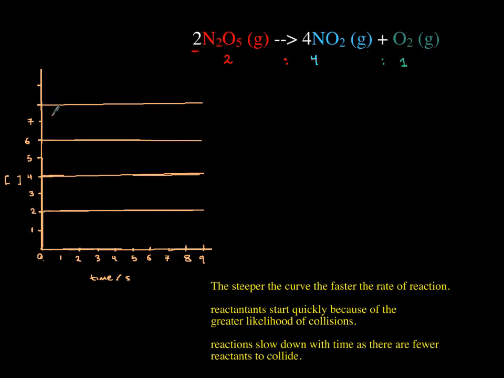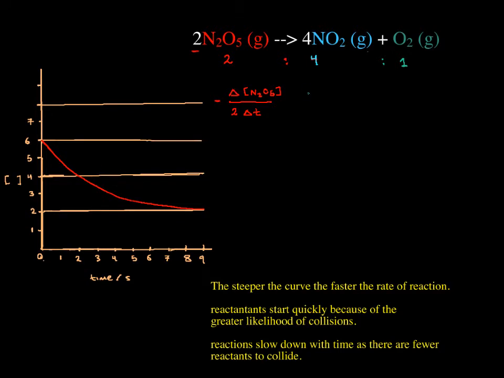N2O5 is going to be consumed, so at the beginning it's fast, and then gradually it's going to slow down. So if we ask you to write the rate in this case, it is the change in concentration of N2O5 over unit time, delta T, but the 2 goes in the denominator, and we put a minus because it is being consumed.